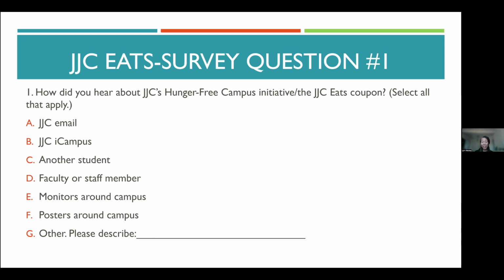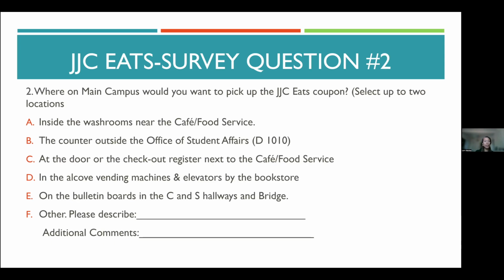Not through email as much, not through the learning management system, Canvas, online, and that way. So this information helped us understand how effective we were in the different ways of getting the word out to students about the program.